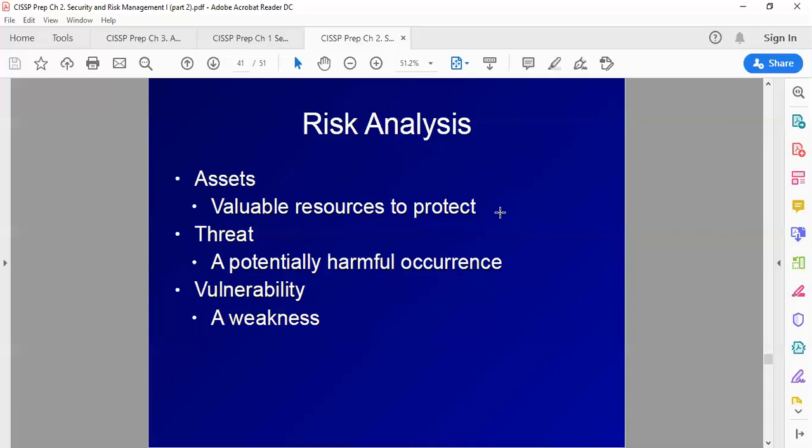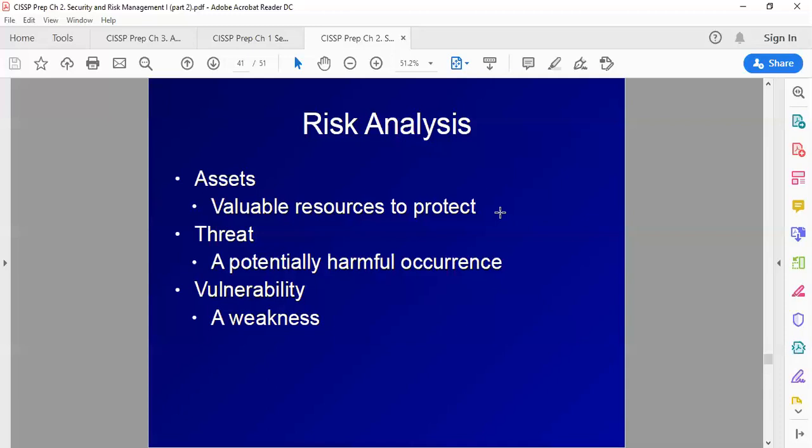The important thing here is that this is a broad term. Suppose we are going to implement risk management in any industry, any domain, there are different risks. So for any assets of the company, there will be some vulnerabilities and some threats. What is our approach? First of all, we need to analyze whether we have the risk available or not.